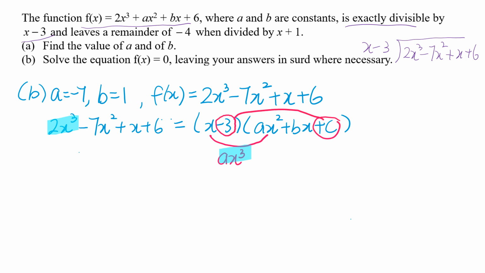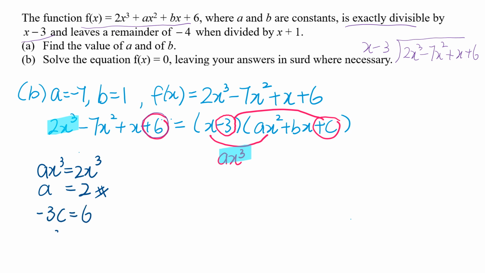And if you take the second term of your linear factor, which is -3, and multiply it with the constant term of your quadratic factor, that will always give you the constant term in your cubic polynomial. So finding the unknowns a and c is rather easy.